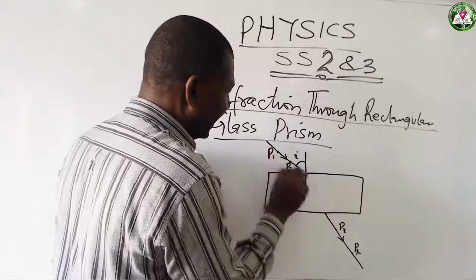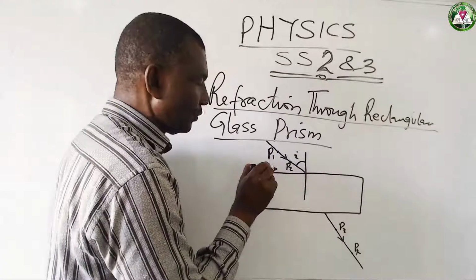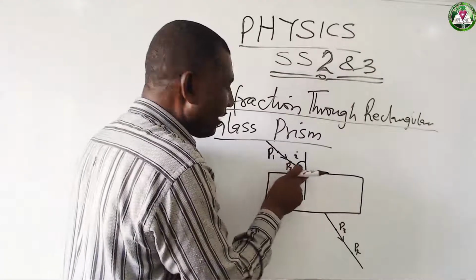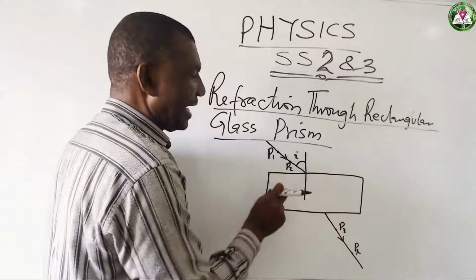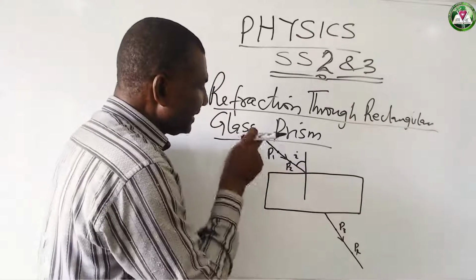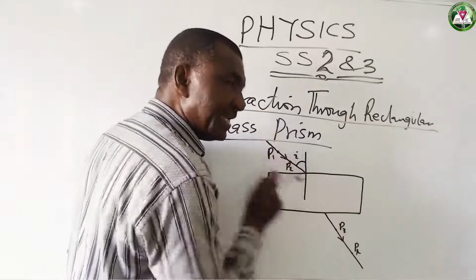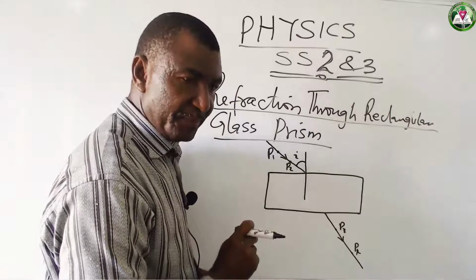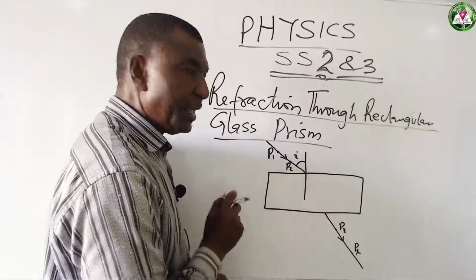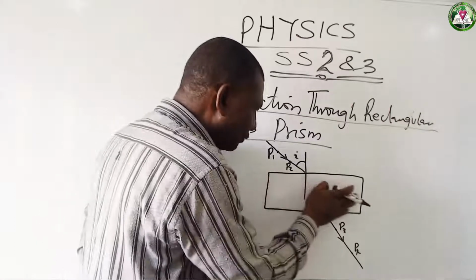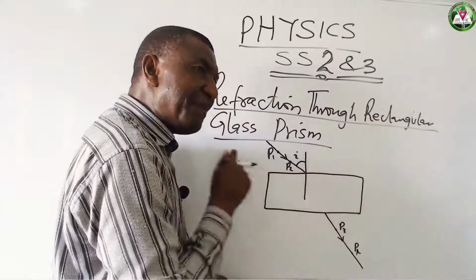When this ray hits the boundary of this particular slab, this particular ray is coming from a less dense medium, which is air. It's now going to pass through a denser medium.